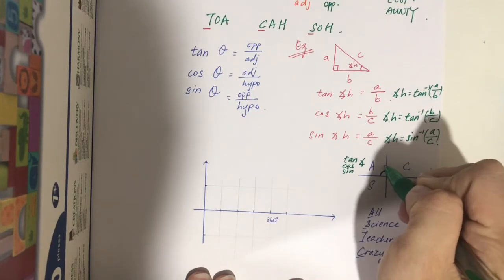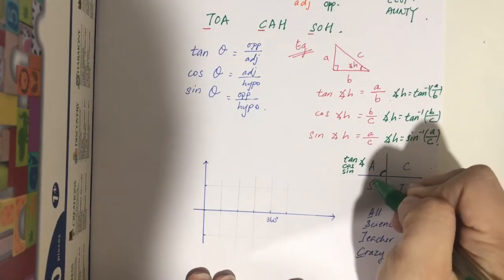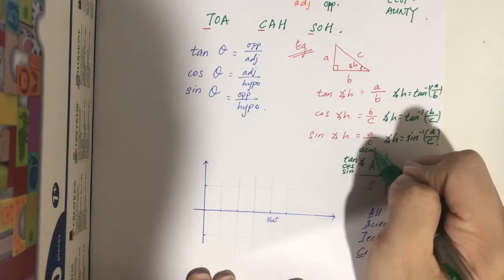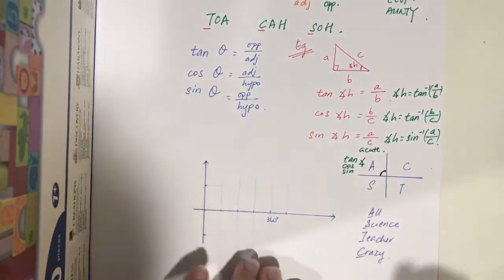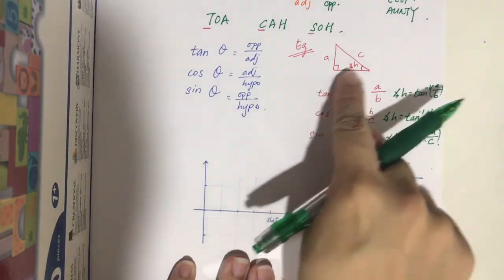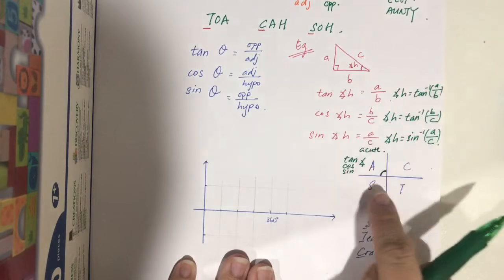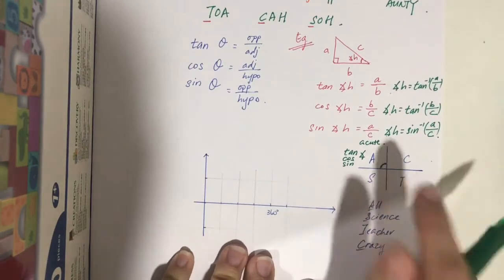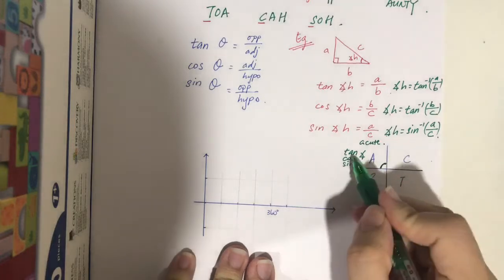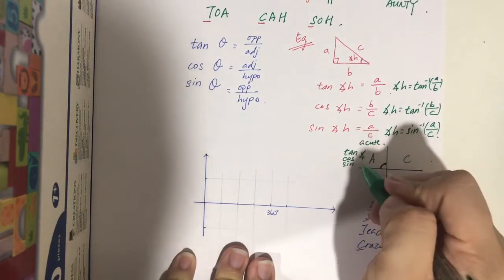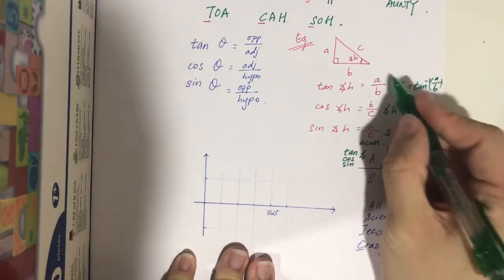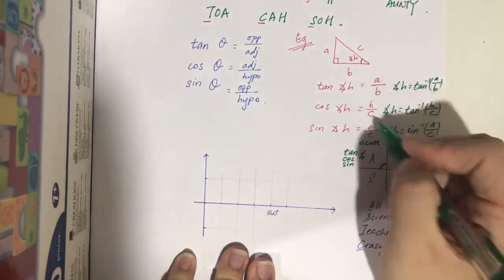This one is 0 to 90 degrees, an acute angle. It won't be 90 because this one is already 90, so definitely this is smaller than 90. When this one is less than 90, all the tangent, cosine, sine of the angle, which equal to these fractions, will always be positive.